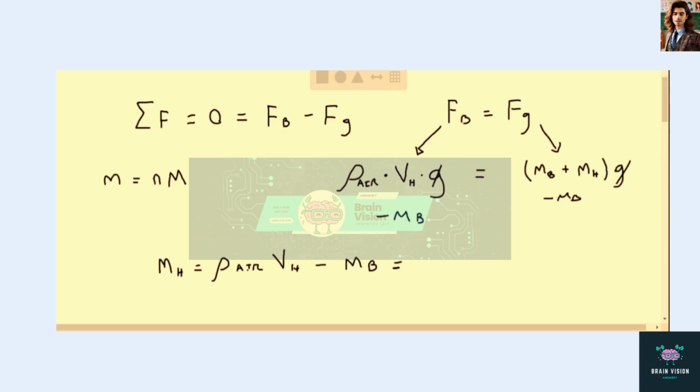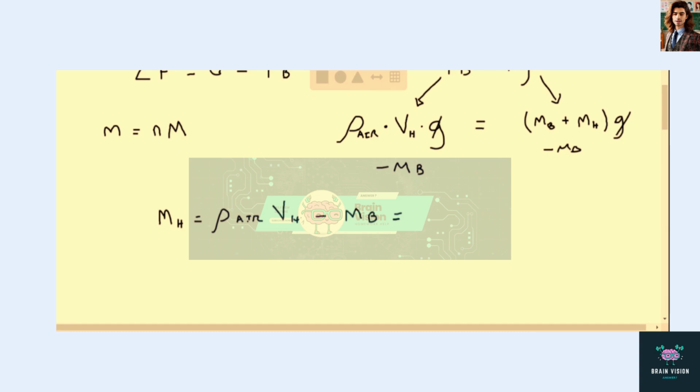And if we calculate that, just using all of our knowns, we should get 13.823 kilograms, the mass of the helium. And remember, for the volume here, we'll have to use 4/3 pi r cubed, where r is 1.5 meters.